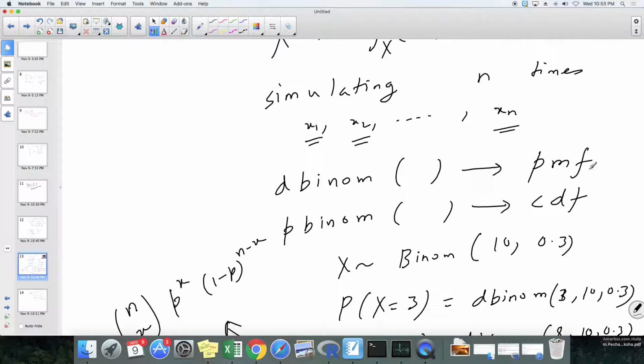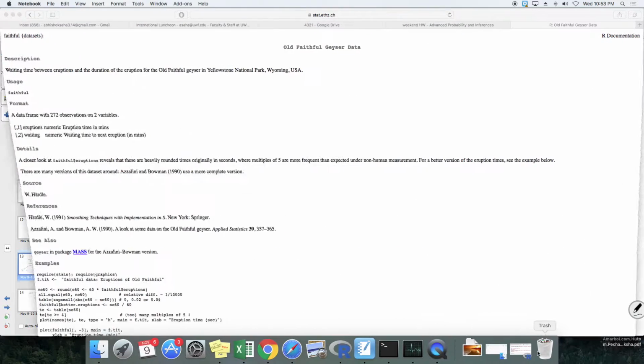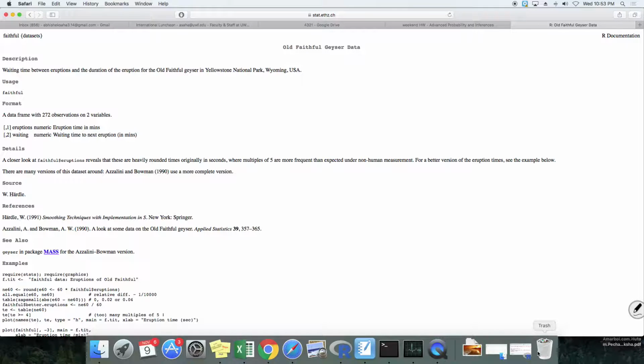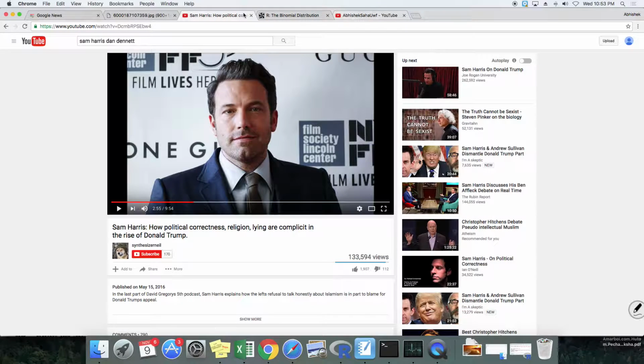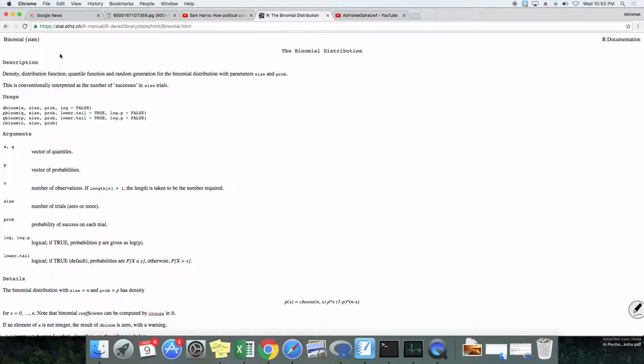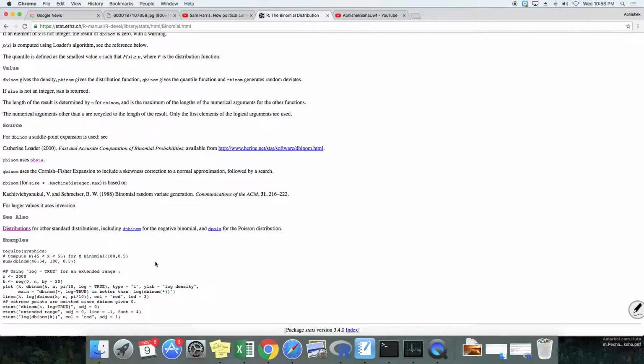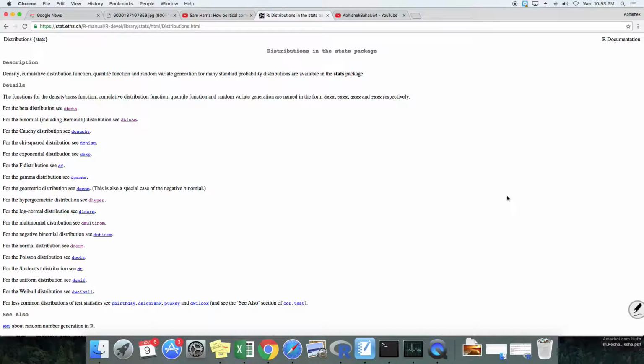Now let me make some general statements. This kind of thing happens all the time. For example, for R, this is the page. Actually, let me copy and paste the link.